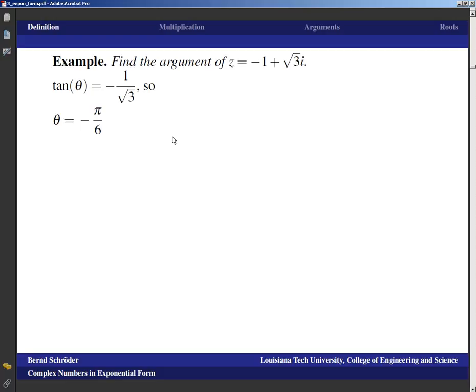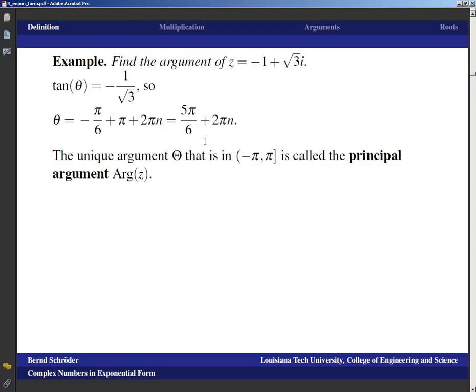From what we remember from polar coordinates, if the angle is in one of the quadrants that the inverse tangent function doesn't reach, we have to add pi. And of course we also know that if we add multiples of 2 pi, the tangent of theta doesn't change. Now we just add that up and we realize that that is 5 pi over 6 plus 2 pi n.